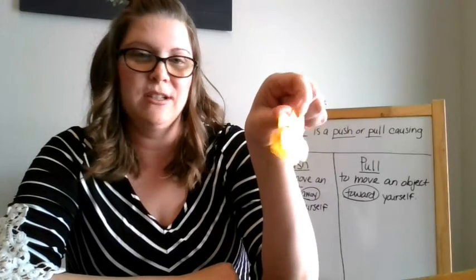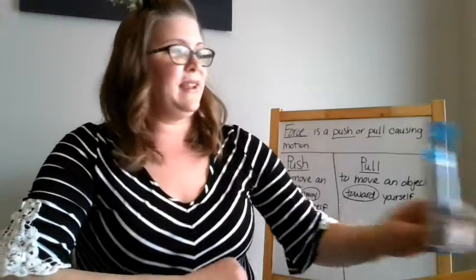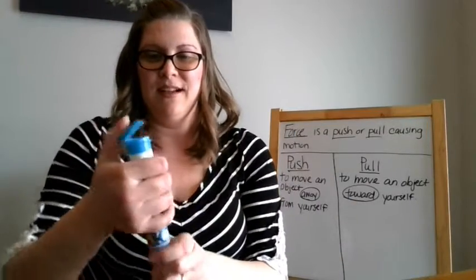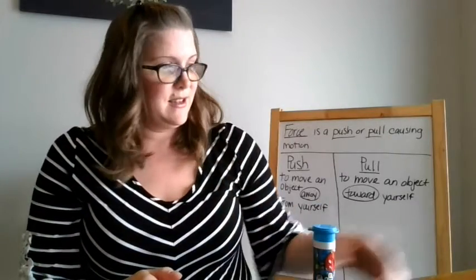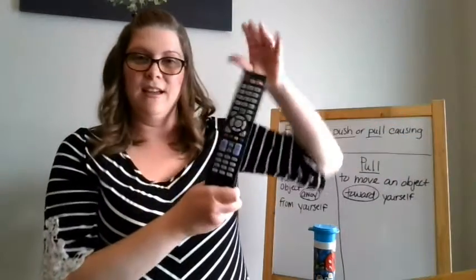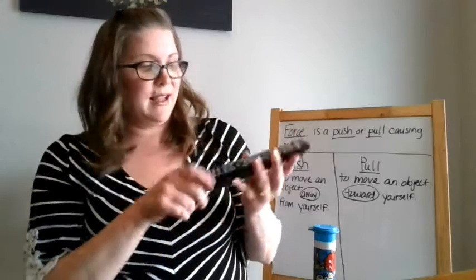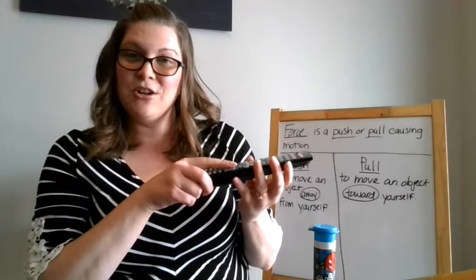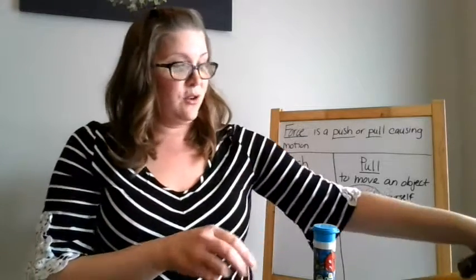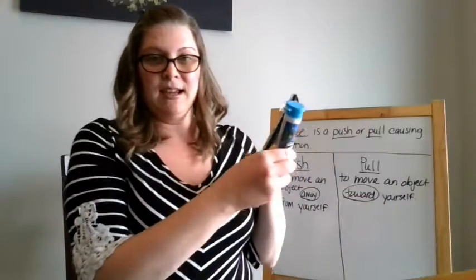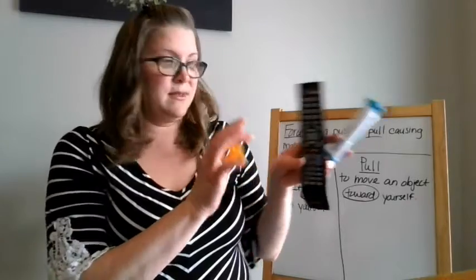I push. Another one would be this tube. I'm going to push the lid on. And another thing is a remote control. I push it to turn it on, turn the volume up, turn the channel. So those were my push items. See, all three? I got my push items.